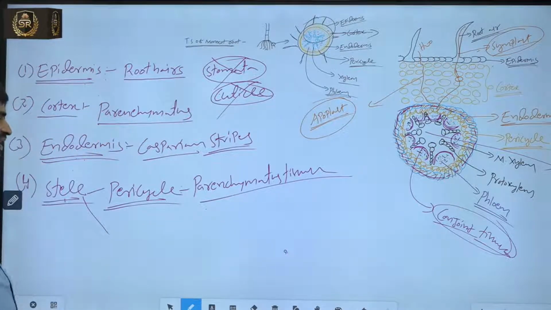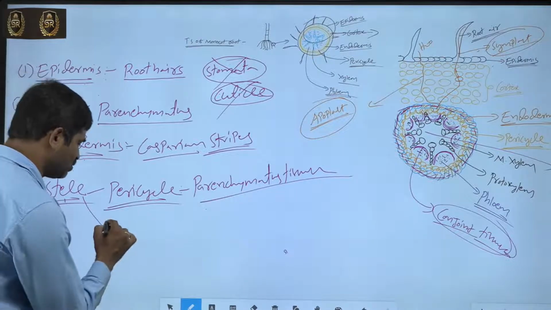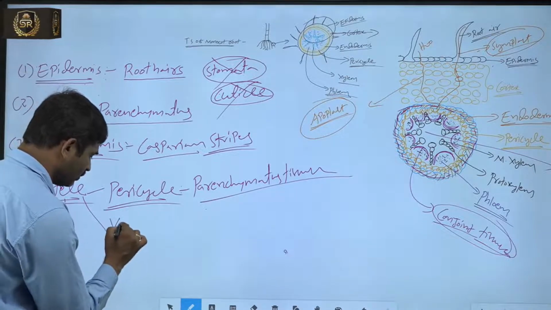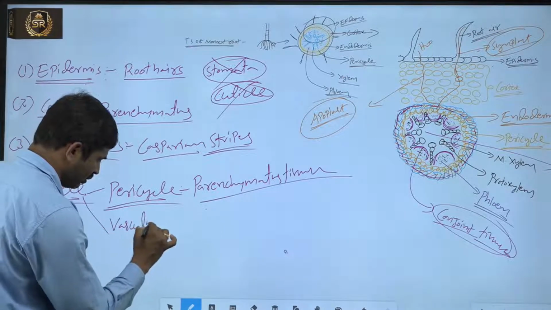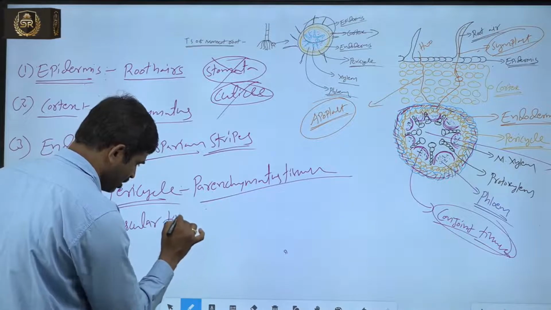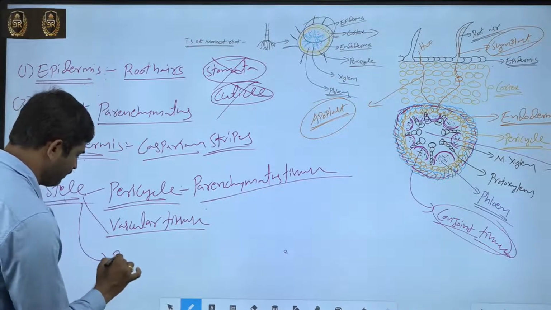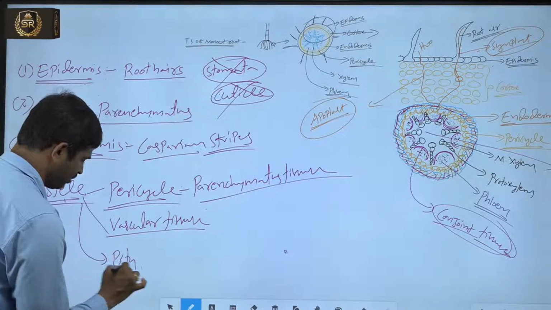Next one, stele can be divided into three parts: pericycle, vascular tissue, and pith part.